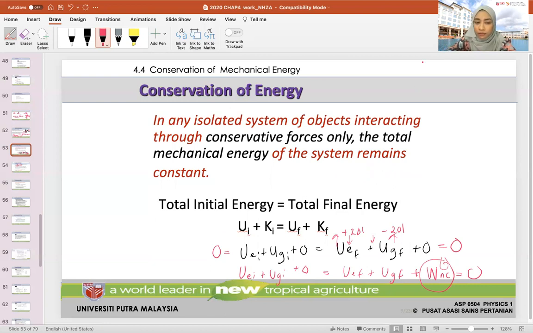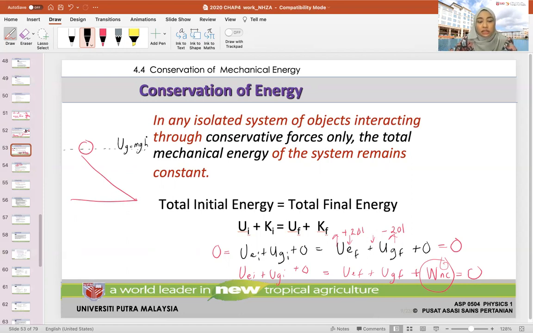But sometimes our initial condition can be dah ada energy siap-siap dah. Contohnya saya ada incline and bola saya kat sini. This is my starting condition. And my starting condition ada height. So I can say that, oh, this guy has UG, saya selalu tukar, UG equals to MGH.